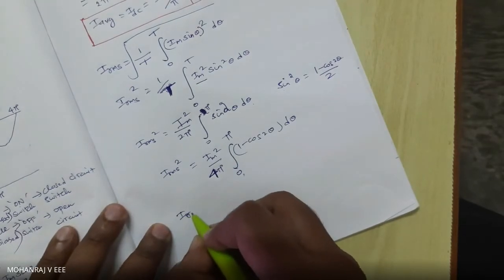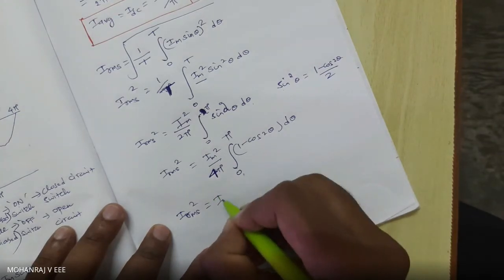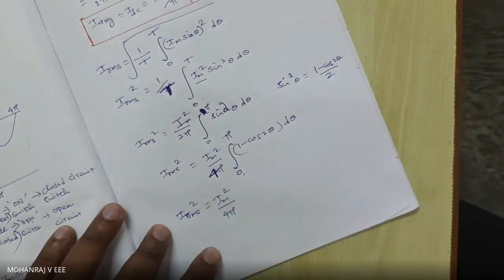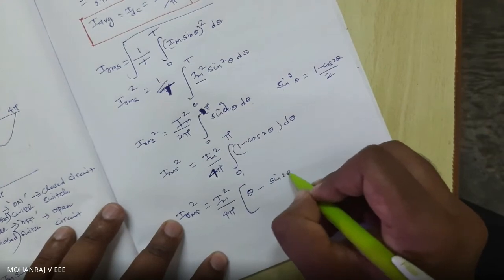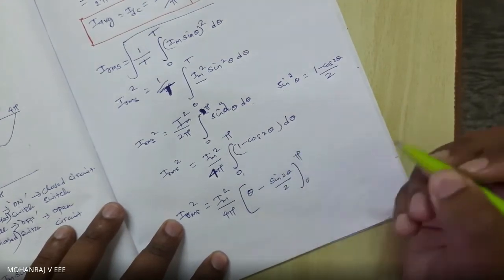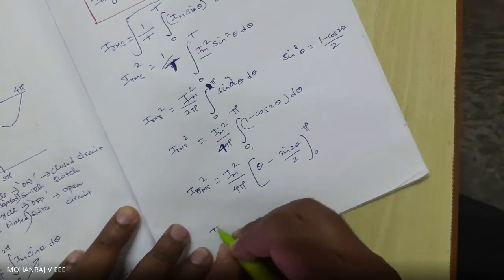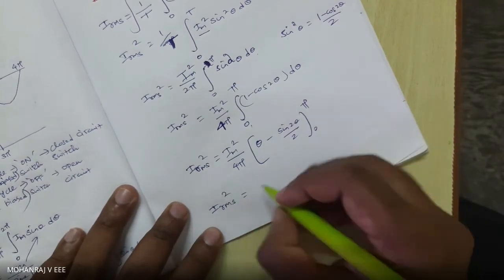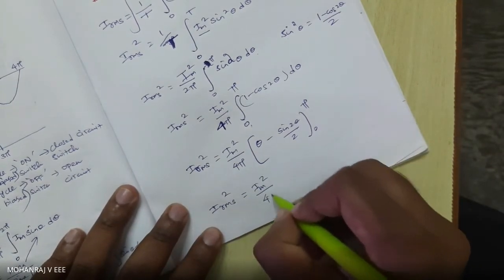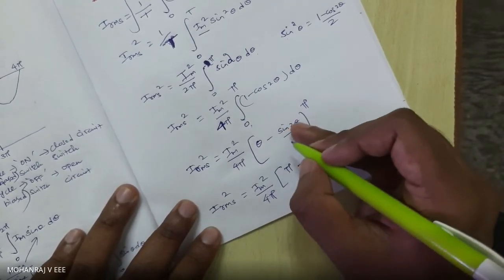So IRMS square is equal to Im square by 4 pi. If we go for integration, we will get theta minus sine 2 theta by 2, 0 to pi. If you substitute the limit, we will get IRMS square is equal to Im square by 4 pi, pi minus sine 2 pi.